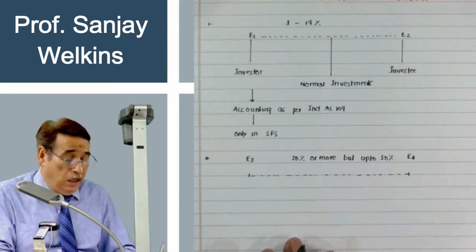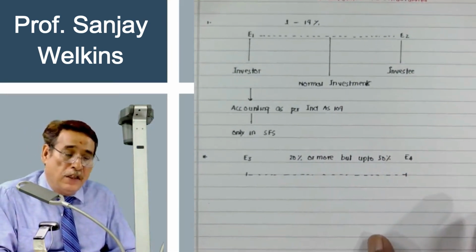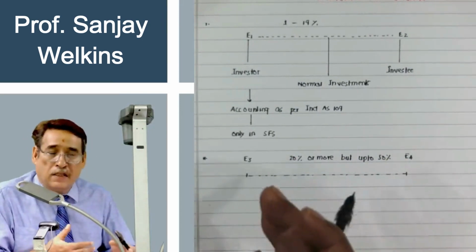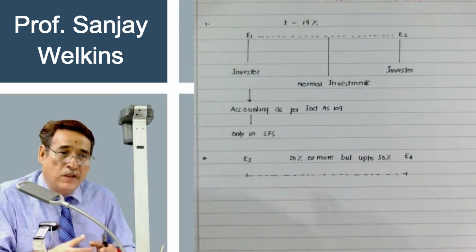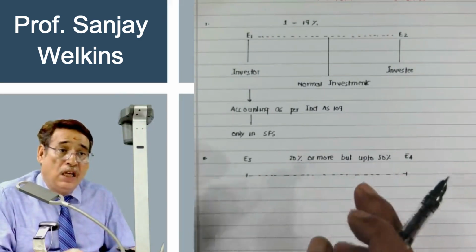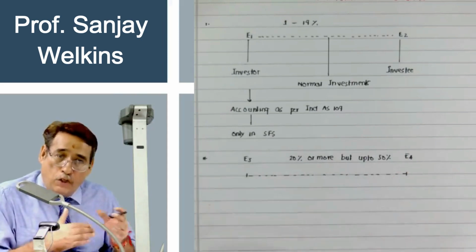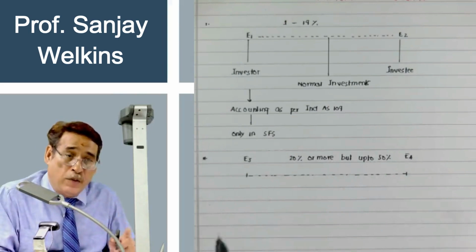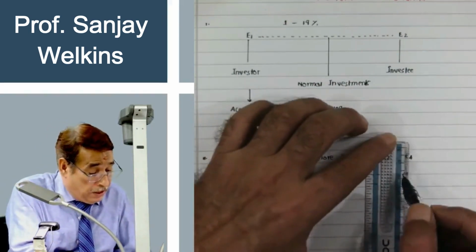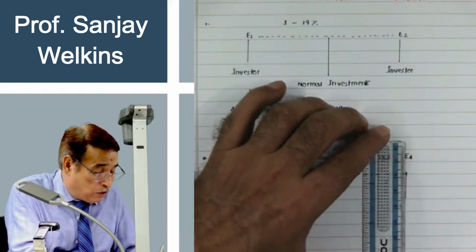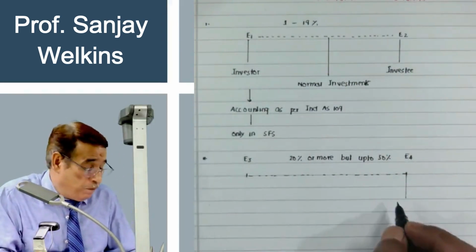Correct? If I invest into some other entity, and out of the total share capital of that particular entity, let us say in my hands there are 21% share, 20% share, 35%, even 50%, but not more. In between 20 to 50%, in that case, you must understand that this investee entity will be considered as an associate of the investor.